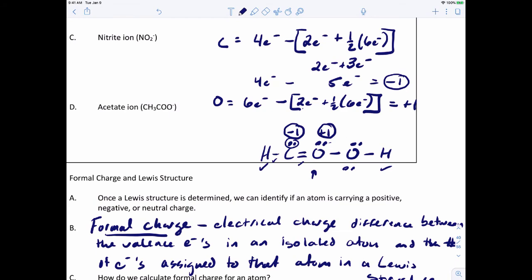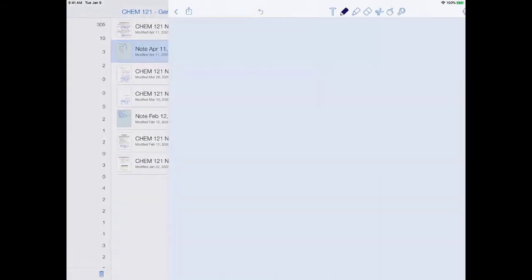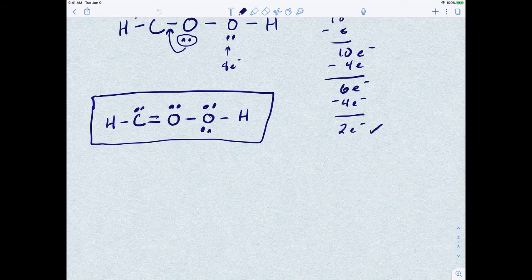All right. So let's go back to the drawing board. Let's try this again. The hydrogens were okay. One of these oxygens was okay too. It's really the carbon and the oxygen in the second and third positions that we've got to focus on. So what if we arrange this a little bit differently?